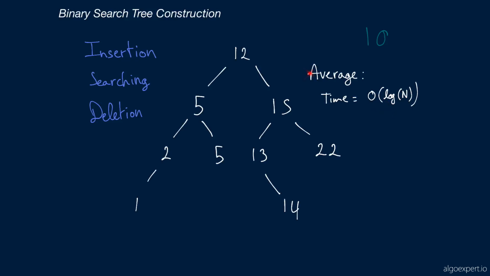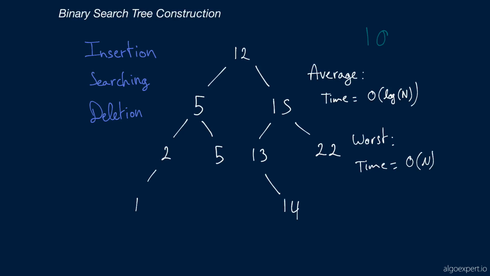Now, the reason this is only the average case, as opposed to the worst case, which I'll write below here, is that the worst case is time equals O(n).